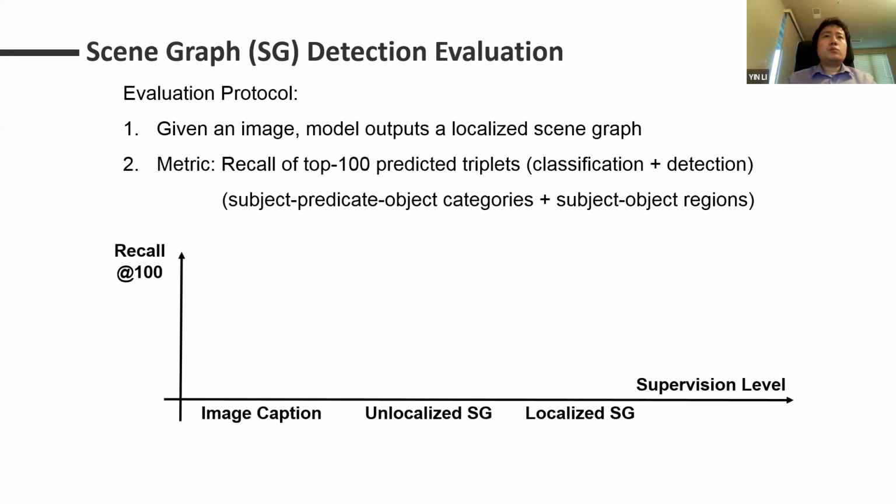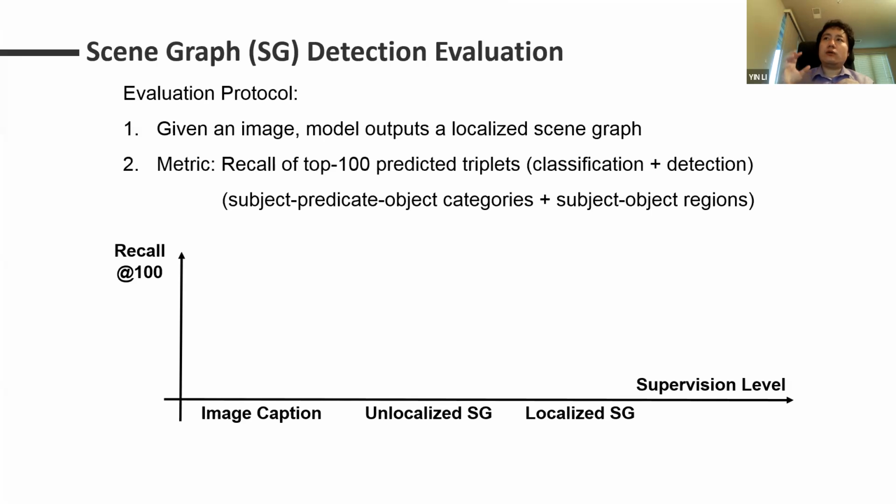We're going to very briefly touch on the results side, because we still haven't published this side, but I'm very excited about these results. Here we're trying to evaluate scene graph detection, which is a very challenging task. In the test scenario, the model is only given a single image and is asked to output a localized and categorized scene graph.